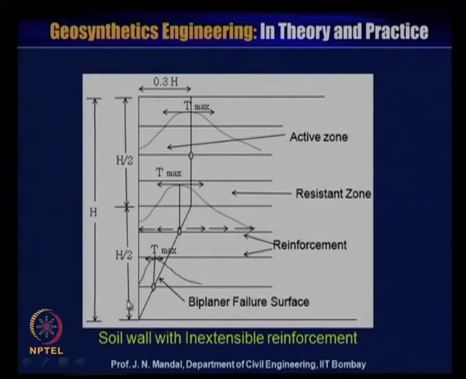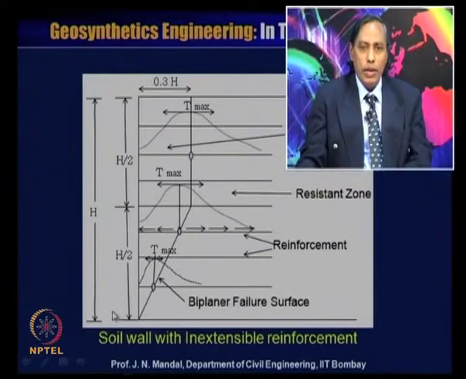You can see here this is the reinforcement material, and the tensile force is maximum here, T maximum. The locus of this point for this reinforcement. Similarly, you can see for this reinforcement, this is the maximum tensile force a little bit away from the facing element, and this locus of the slip point is here. Like this, for this maximum.